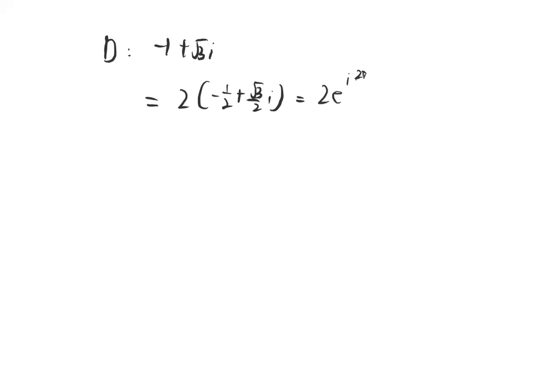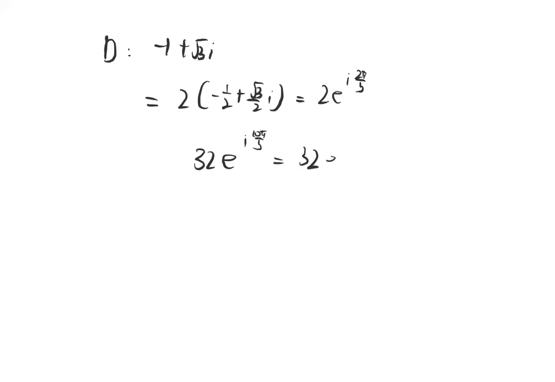And for D, the number is negative 1 plus root 3i. We do it in a similar fashion, and we do it in the same way.